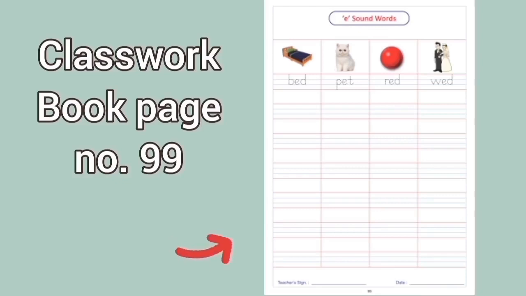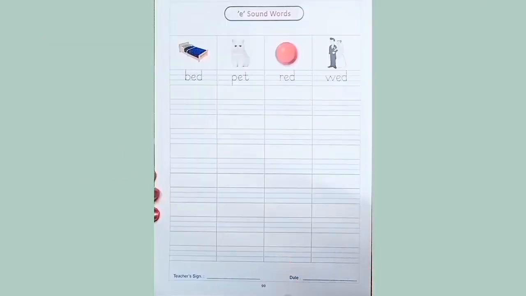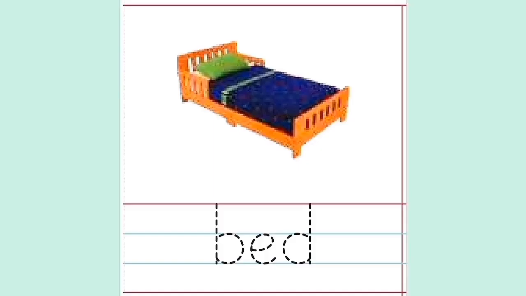Now we have to write page number 99. First picture is bed.